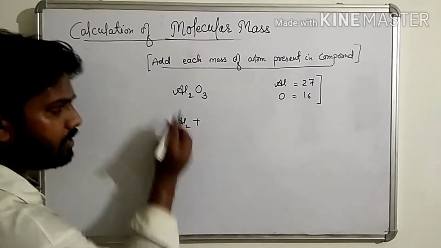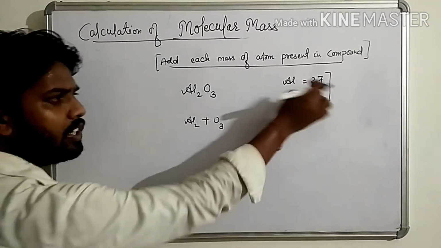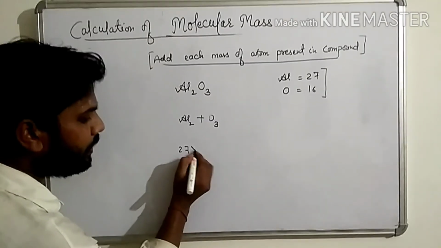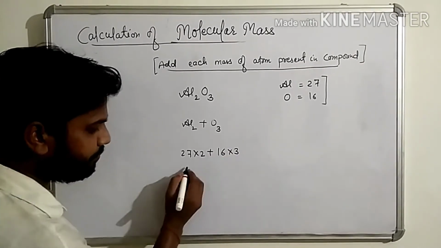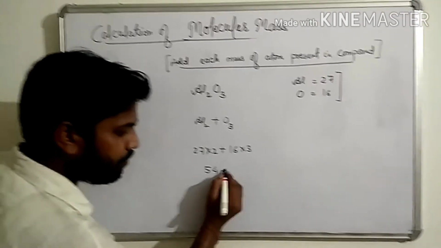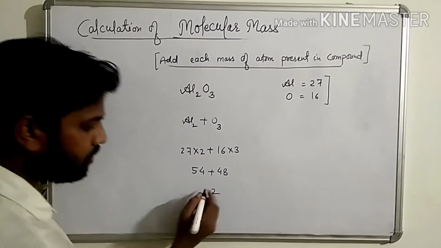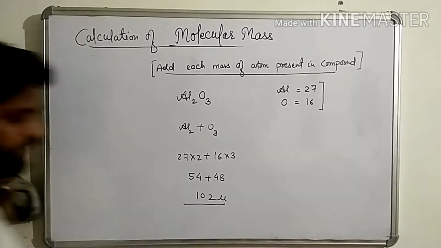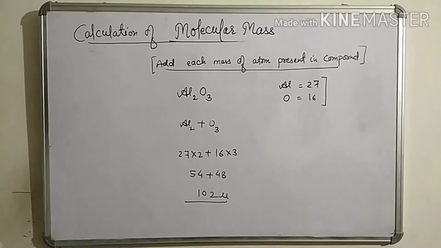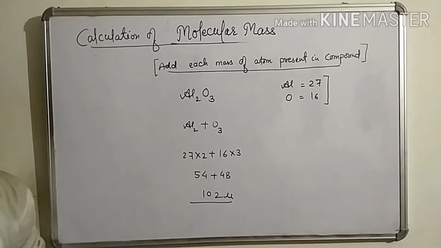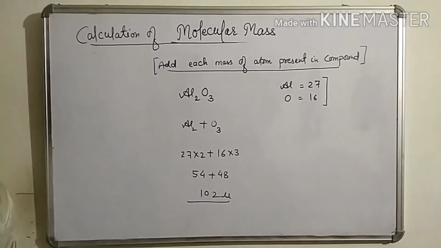Al2 plus, because there is a different atom, O3. Now put their masses, children. 27 into 2. Now oxygen 16 into 3. 54, 48. Clear? 102. So children, the molecular mass of aluminum oxide is 102. In this process, children, we can find out the molecular mass of any compound. Clear?